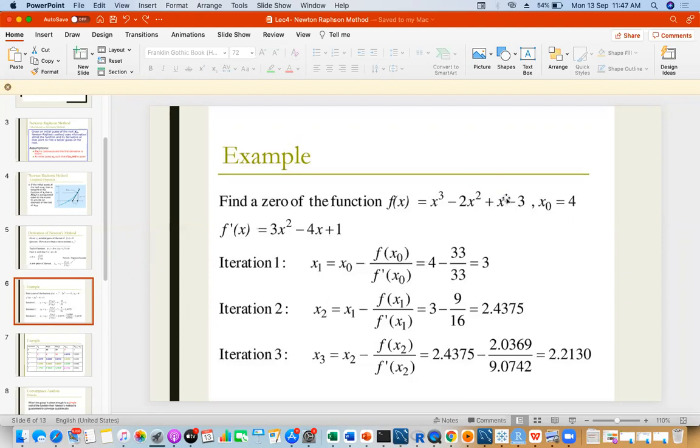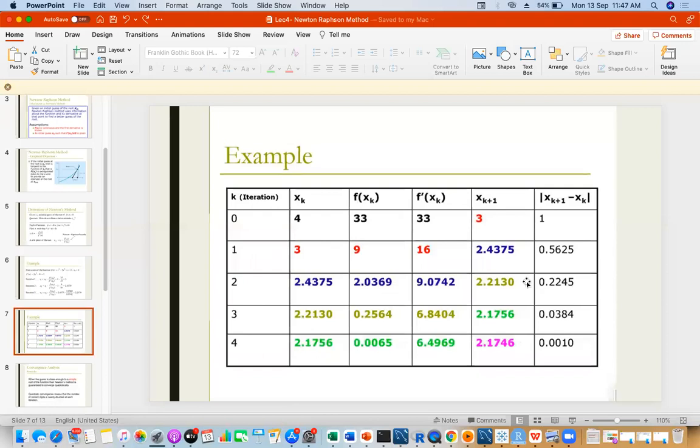We are just putting the value of x naught in this function f of x and f dash of x, and we will calculate x1, then again we will calculate x2. While calculating x2, here it will not be x0, but it will be x1. And for calculating x3, here it will be x2 instead of x1. So we will be doing this until the accuracy is reached.